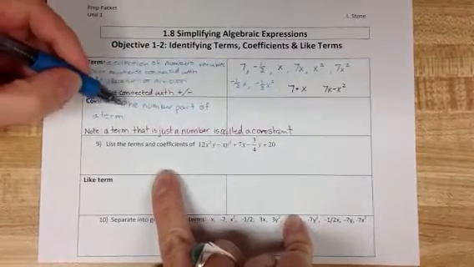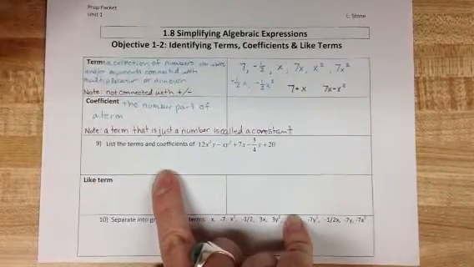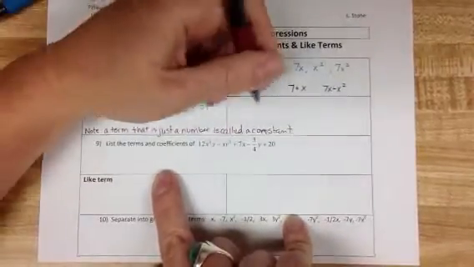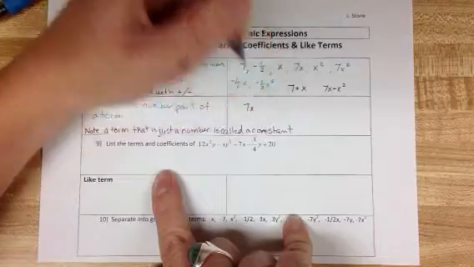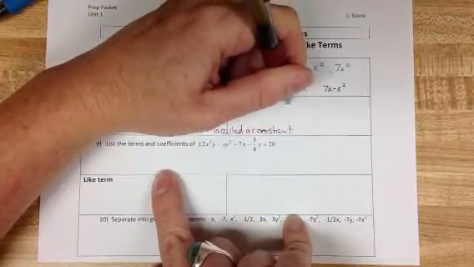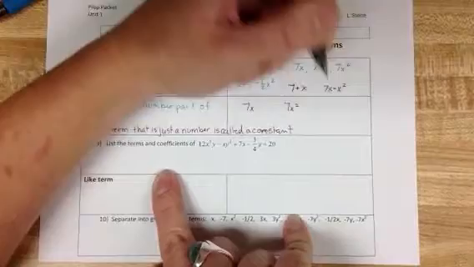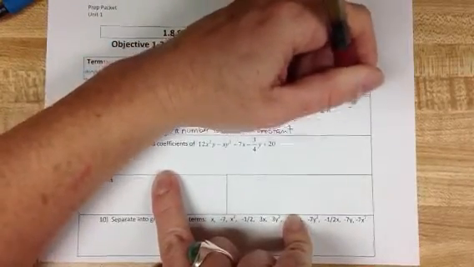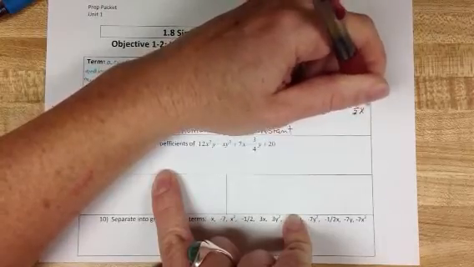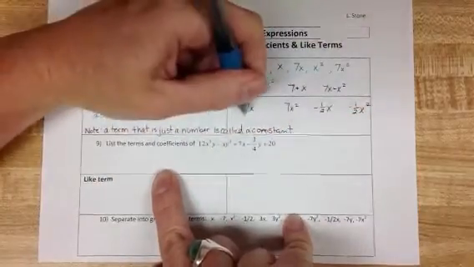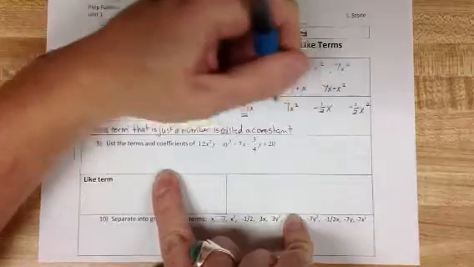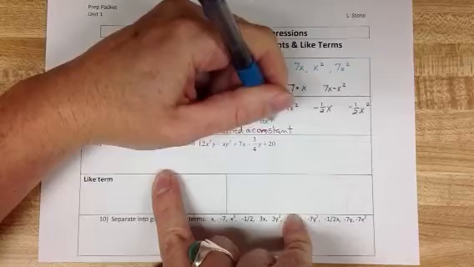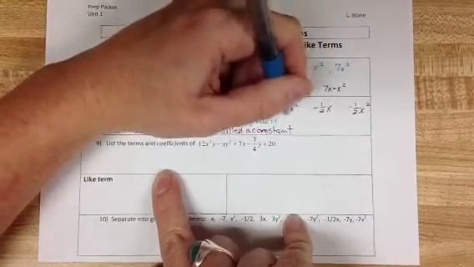So when we're talking about the number part of a term, in our term 7x, or our term 7x squared, or the term -1/2 x or -1/2 x squared, the 7 is the coefficient in both of these cases.